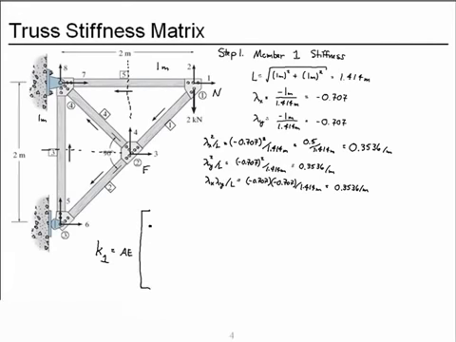Our matrix has 4 rows and 4 columns, and I'm going to label the degrees of freedom. Number 1, 2, near node, x degree of freedom is 1, and then degree of freedom 2. Far node, x degree of freedom is 3. Y degree of freedom 4.